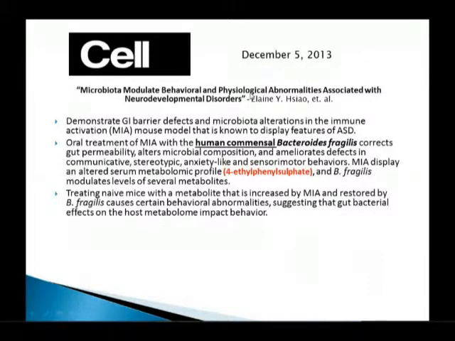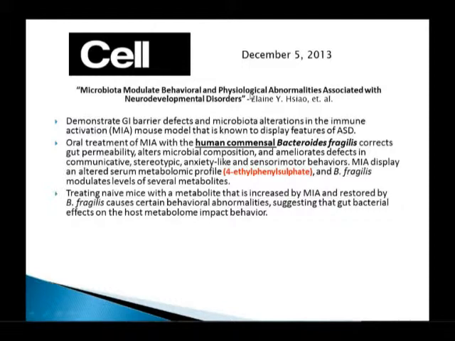This is an interesting article that came out in the journal Cell in 2013. This research took mice that had autistic features and measured a profile of chemicals in the blood, and they found one called 4-ethyl phenyl sulfate.